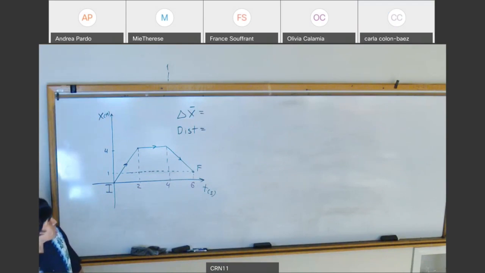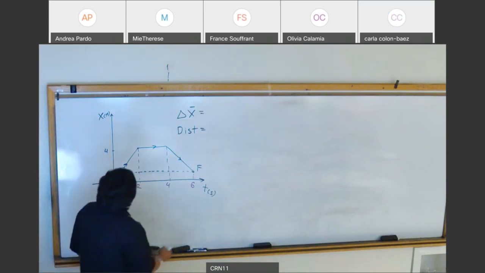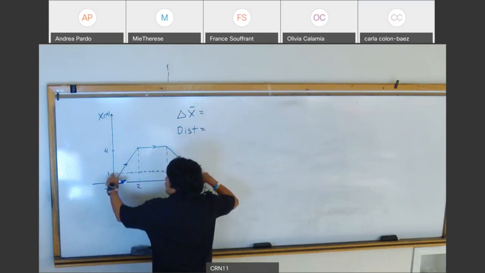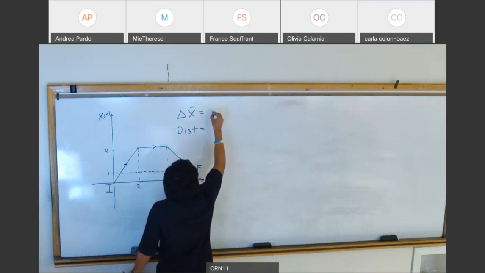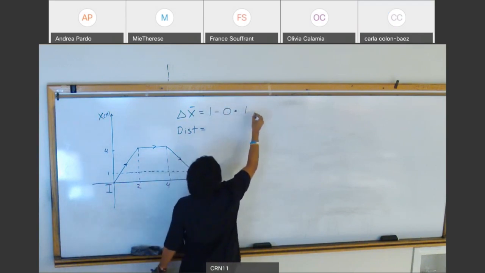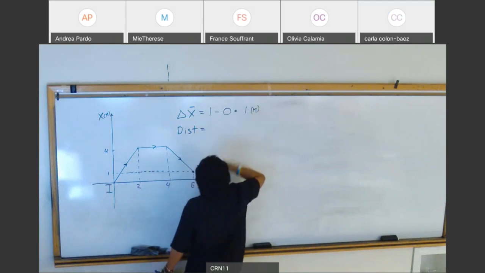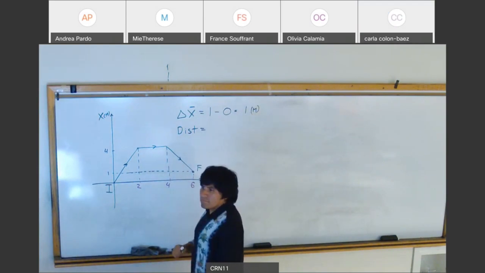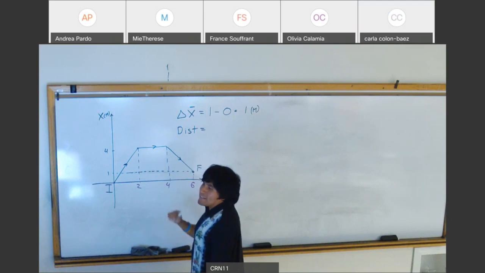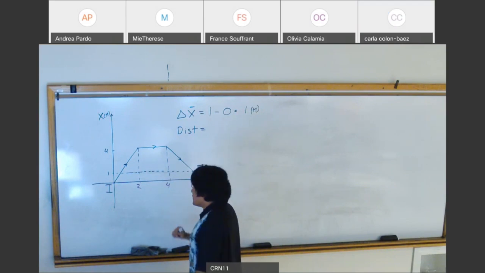So what's the displacement then? 1 minus 0. That's 1 meter. That's your displacement. And what's the distance?